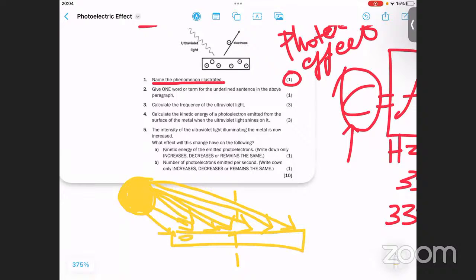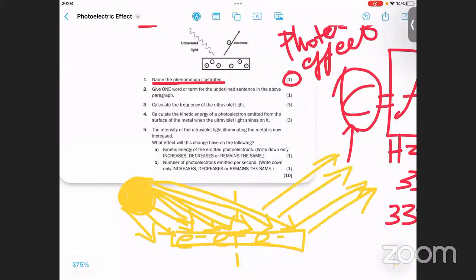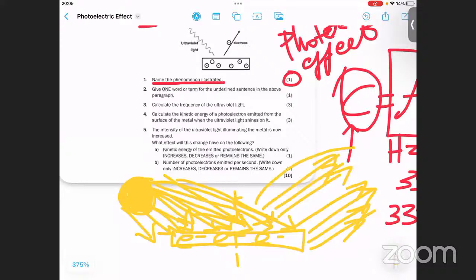So this will not increase the energy, but it will increase the number of electrons being emitted. More of these are emitted, but it does not increase the speed at which they are leaving the metal.